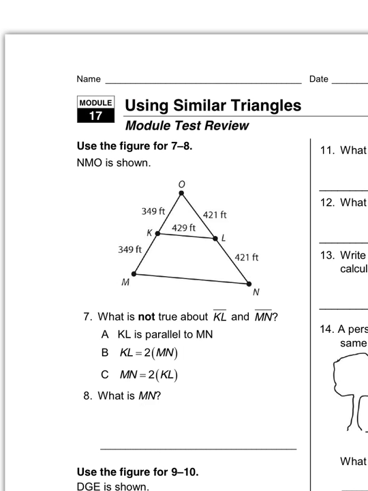Problem number 7, you're trying to find which answer is not true. So our first part is saying that KL is parallel to MN. In order to find out if KL is parallel to MN, we need to see if the proportion OK over KM is equal to OL over LN, if that proportion is true.